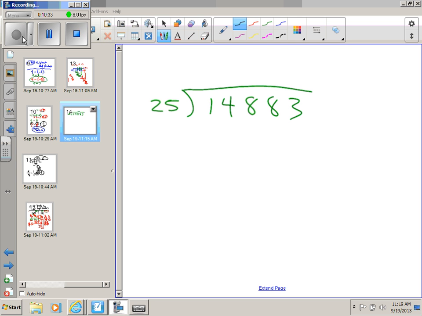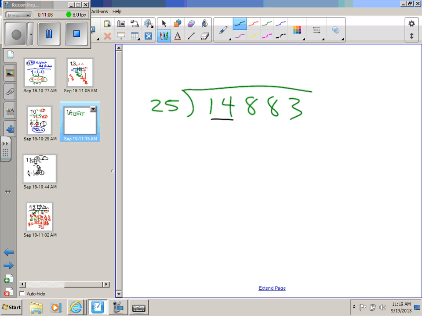Now, just because we're starting with those first two digits doesn't mean it's going to work. See, you watching? If this number on the outside is bigger than those first two digits, is 25 bigger than 14? So it won't fit into 14. It's not possible.